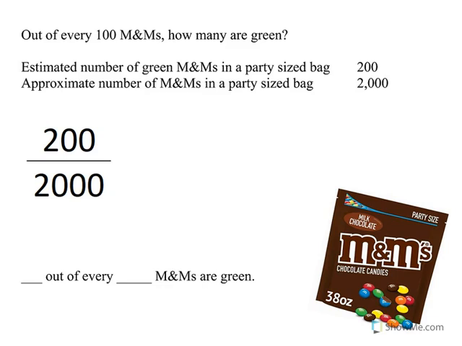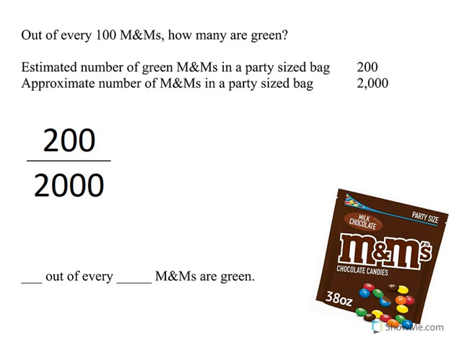First, we write this as a fraction, 200 over 2,000. Now we pick a number that we can divide evenly into the numerator and denominator. I could pick 100 to divide both, but when I divide 2,000 by 100, we get 20. And my question wants to know how many out of 100, so this number won't work.